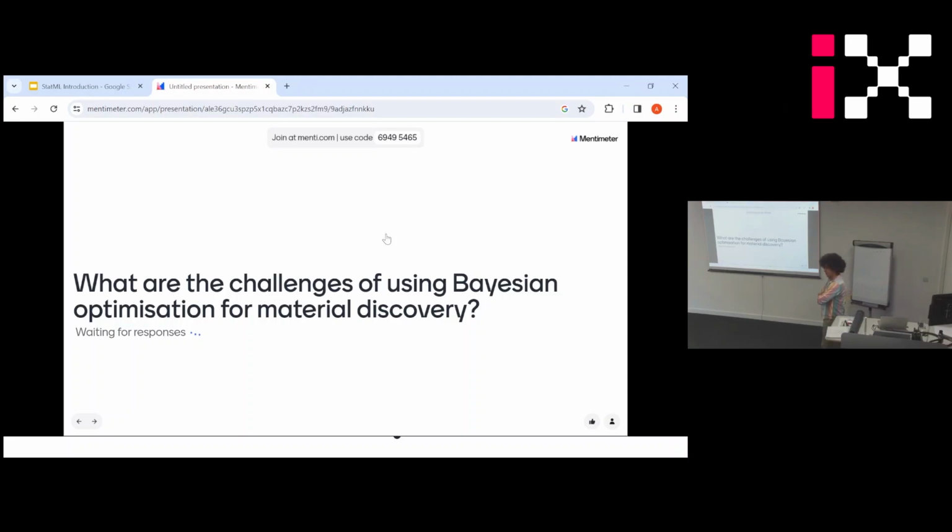These are challenges specific to material discovery, but if some of the challenges we've already discussed apply as well to material discovery, you can put them in. In general, what are the challenges of using Bayesian optimization for material discovery?